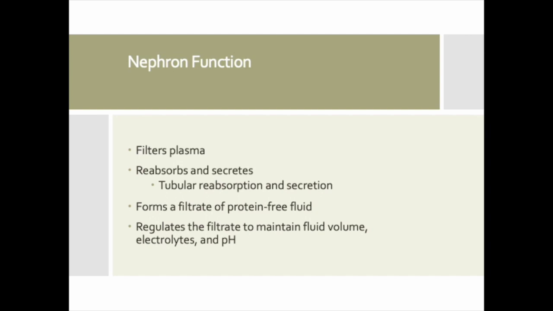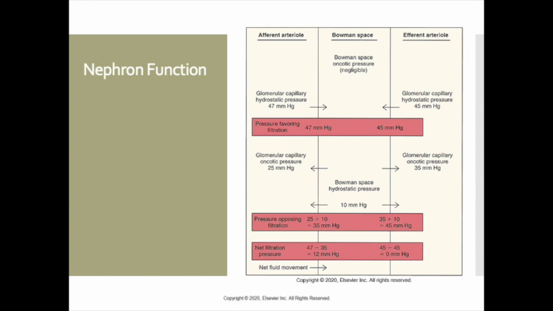It helps form filtrates of protein-free fluids, and it can help with the regulation of the filtrate to maintain an appropriate body fluid volume, electrolyte composition, and pH, keeping it within narrow limits. When we think about glomerular filtration, we have to understand that really what we're measuring is the movement of fluid and solutes going across the glomerular capillary membrane into Bowman's space.